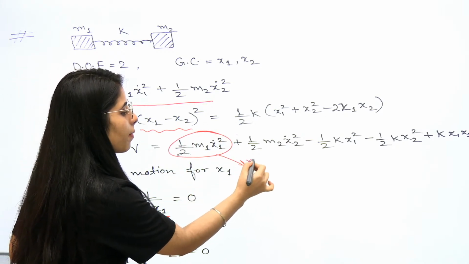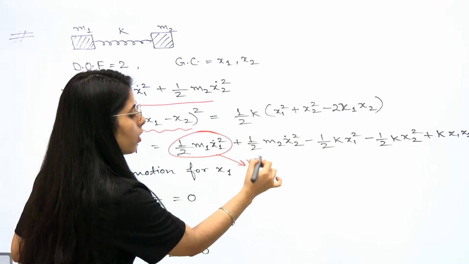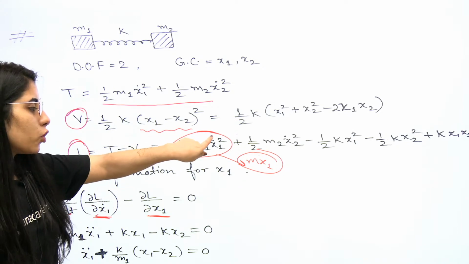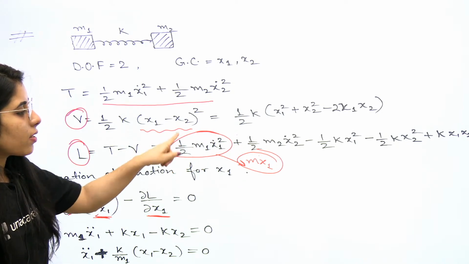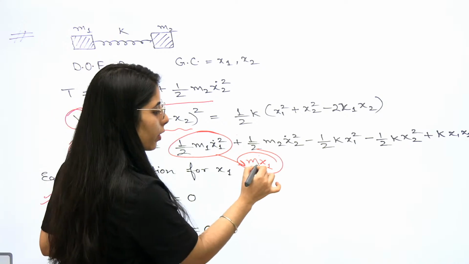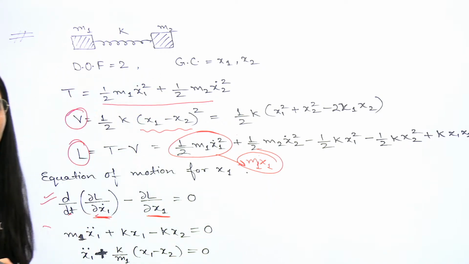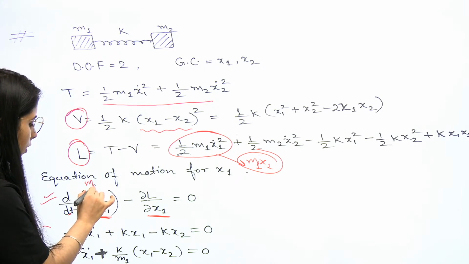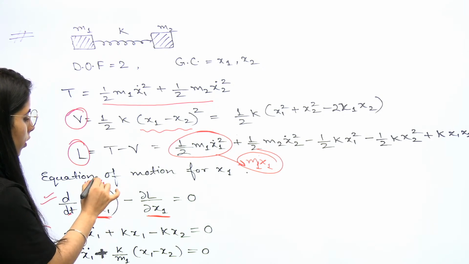You will get 2x1 dot, the 2 will get cancelled out, and this is what you are going to get with m1. So m1 x1 dot, that's what we will write here.